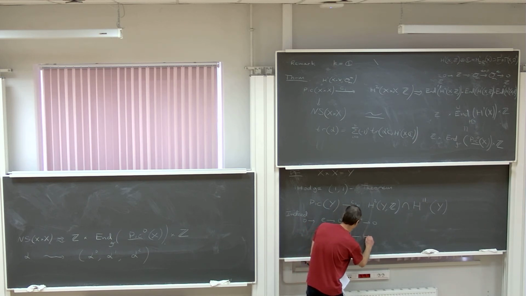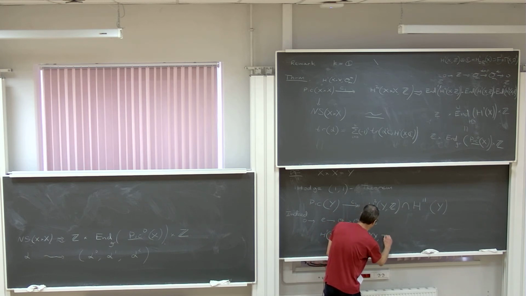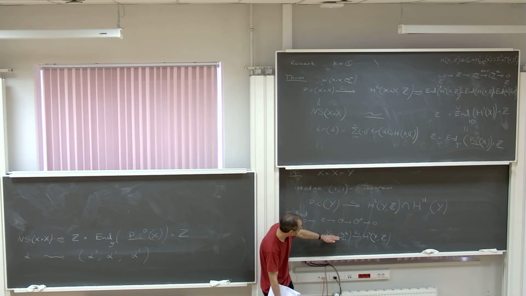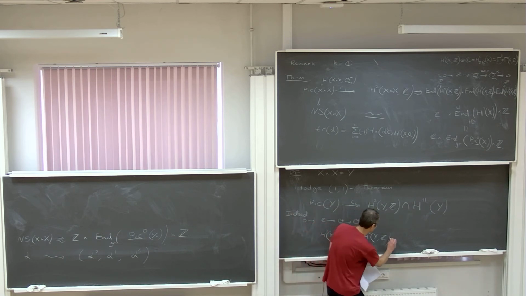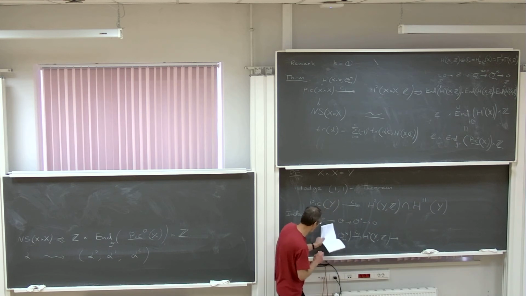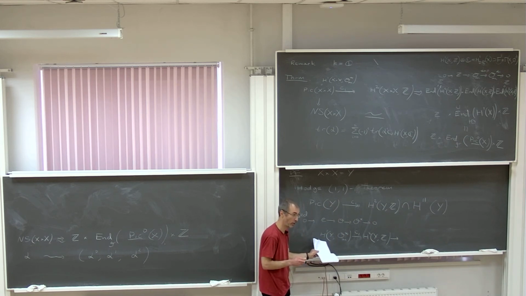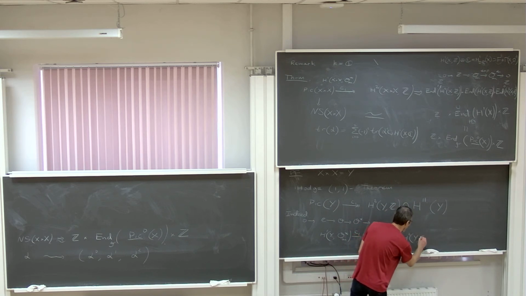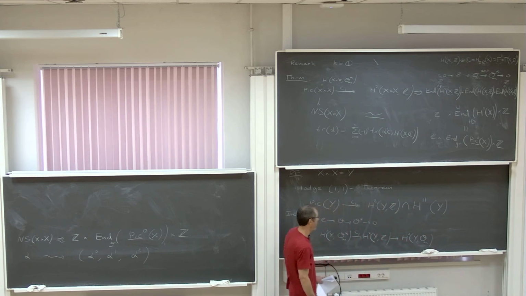Then you have H2 of Y with Z coefficients. This is our Chern class map. And so I want to understand the image. In order to understand the image, you look at the next term of this long exact sequence, homology exact sequence. So the next term will be H2 of Y with coefficients in O. Right?